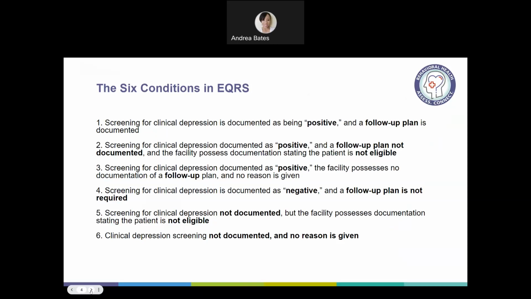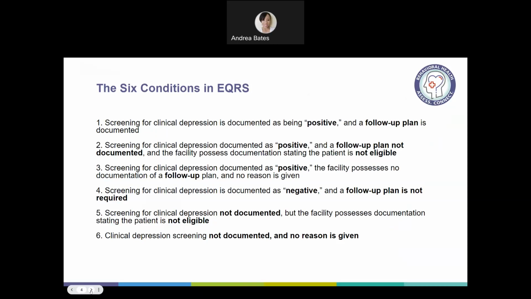So as you can see, conditions 1 through 3 are all positive depression screenings. However, they slightly differ depending on their follow-up status and how it is documented and whether or not the patient is eligible. So that's really important to know.